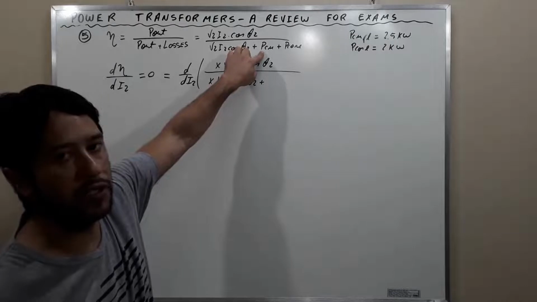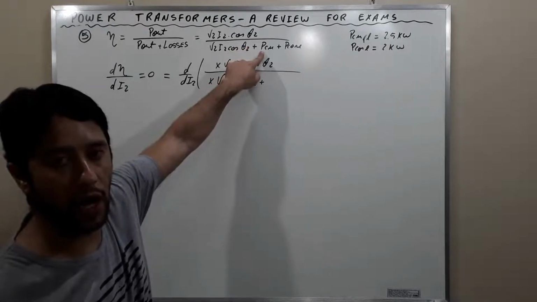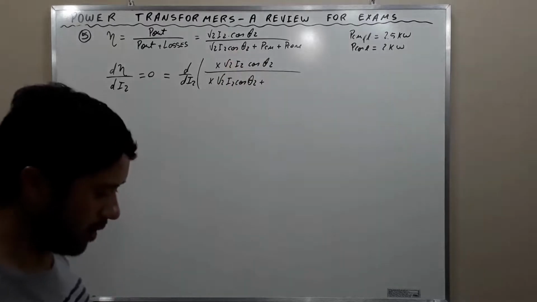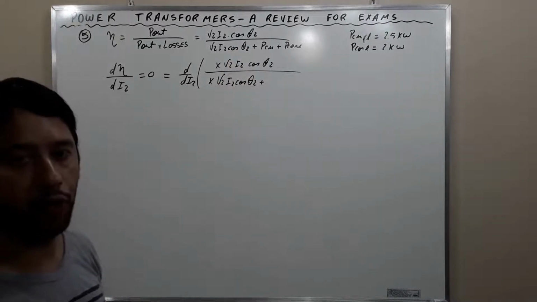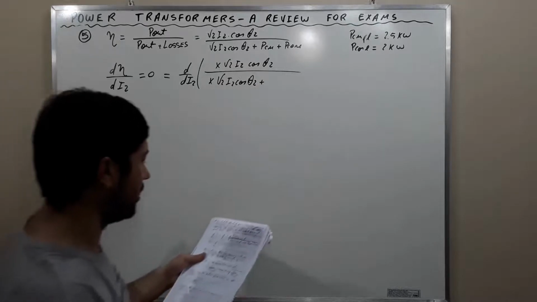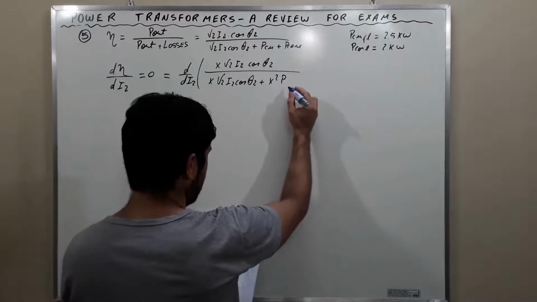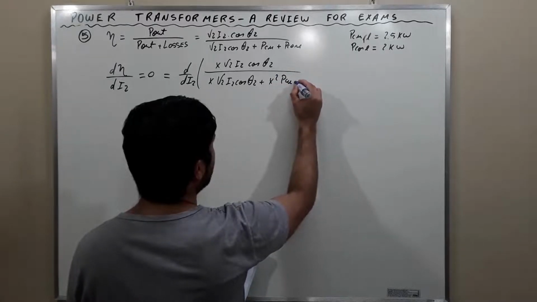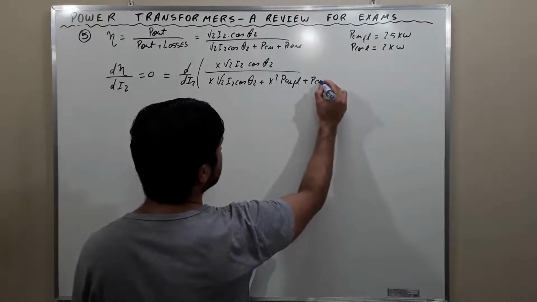The copper losses vary with the square of the output current. Then we write x squared P Cu full load plus the core losses.